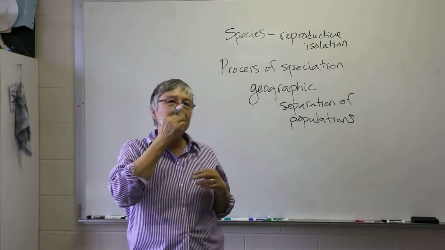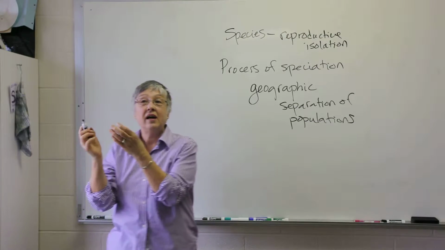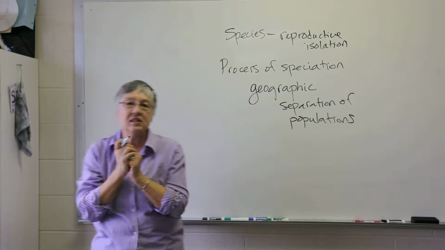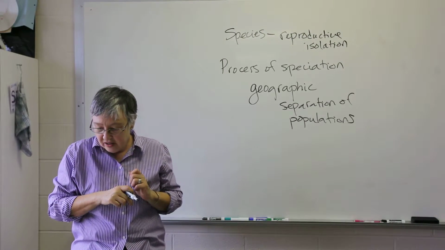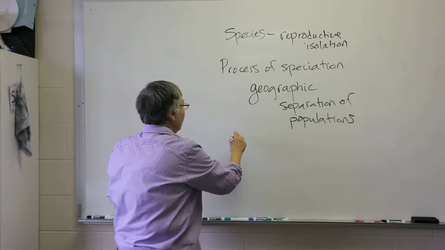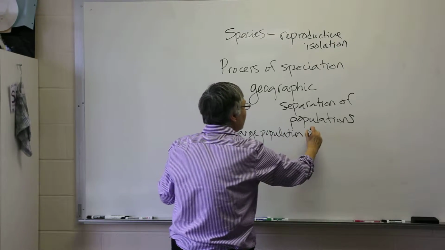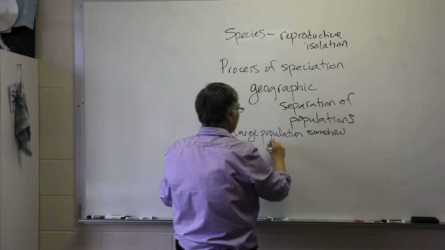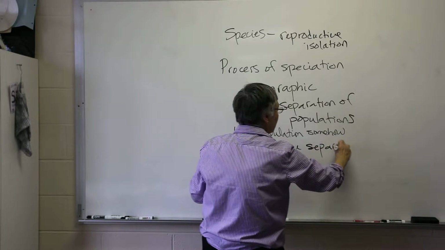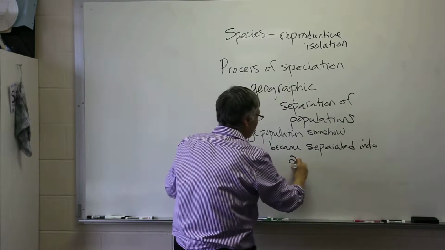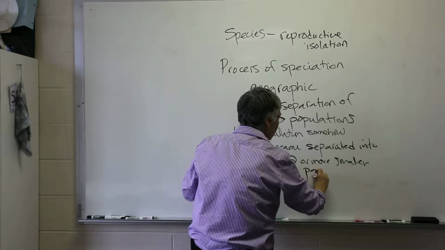So again, we're going back in time and looking at maybe how 2 similar species actually arose from an ancestral species. How did that happen? And most biologists believe that a large population somehow became separated into 2 or more smaller populations.